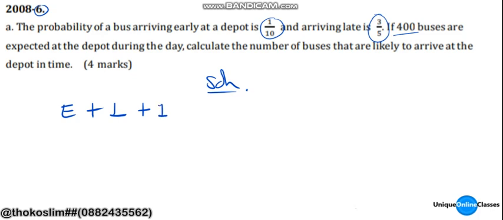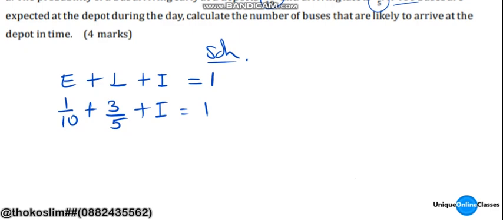The sum of these probabilities is 1. So arriving early is 1/10, plus arriving late is 3/5, and the arriving in time we don't know, so that's I here.